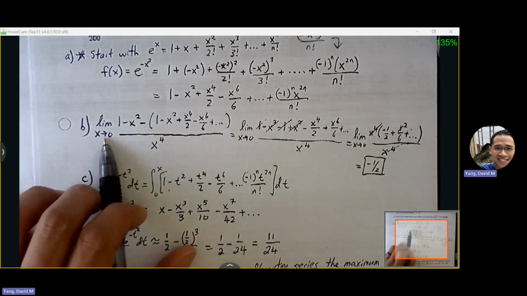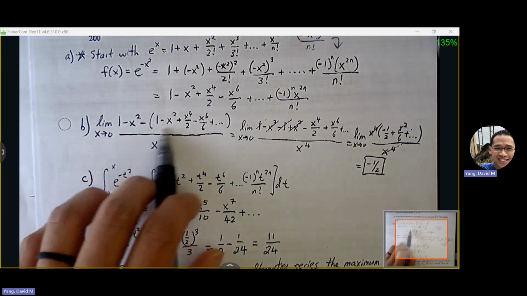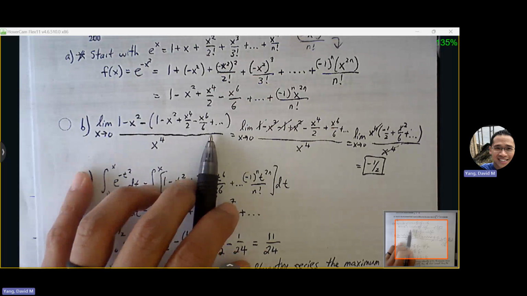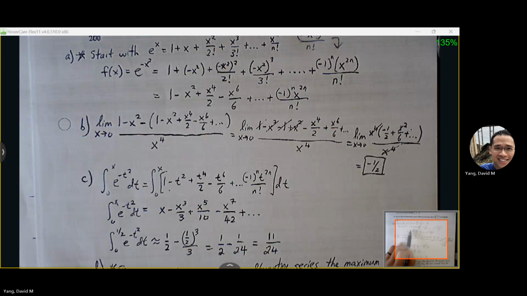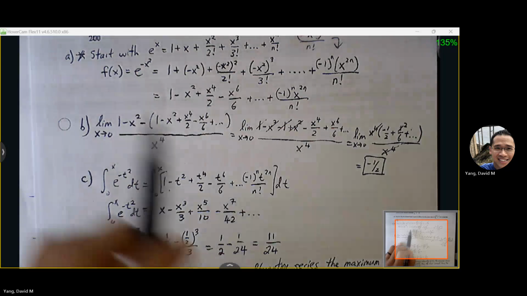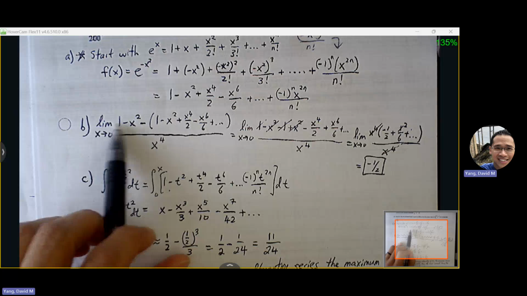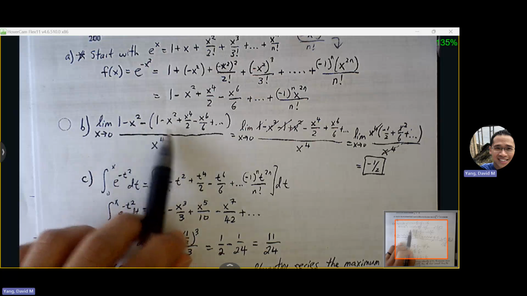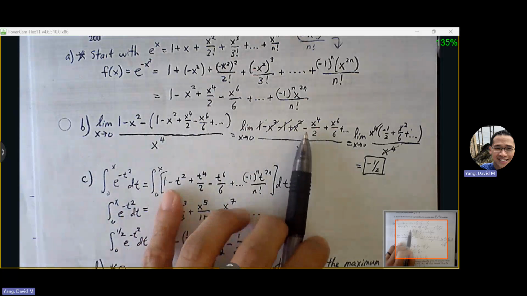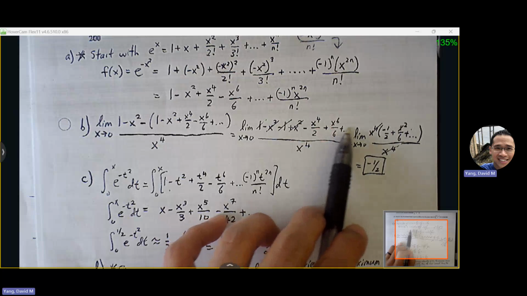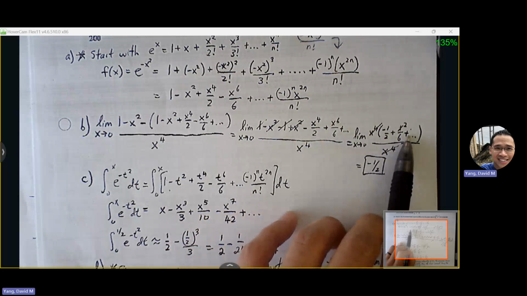Well, the good thing is that a lot of the terms should cancel out, so let's start off by just canceling out what we can cancel out. If I were to distribute the negative through, I can see the 1 and 1 will go away. The x squared goes away. I'm just left with negative x to the fourth over 2 plus x to the sixth plus dot, dot, dot. So there's infinitely many terms.